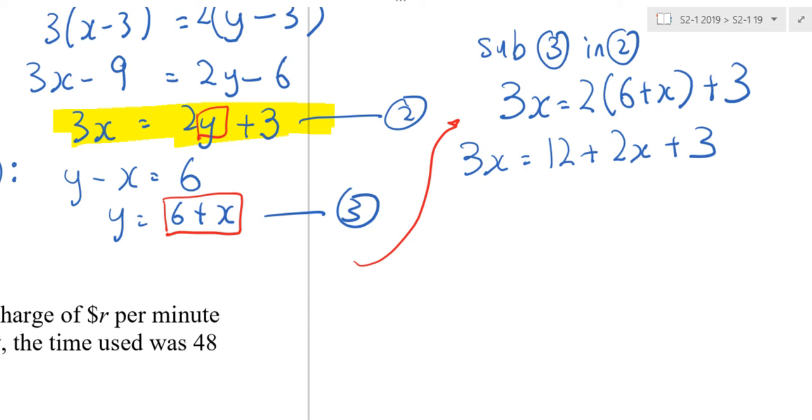I have 3x equals 12 plus 2x plus 3. Which one can plus? 12 plus 3. What do I get? 15. What do I do both sides now? Minus 2x. So minus 2x, I'll have x is 15.